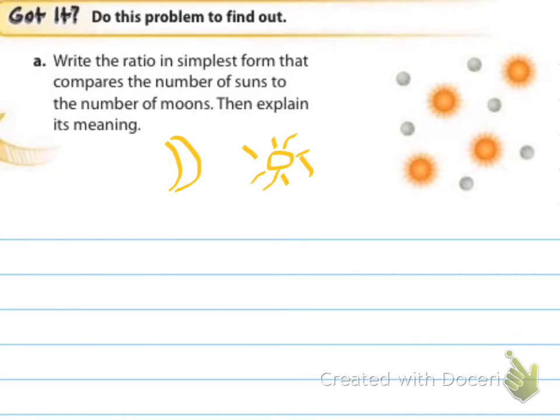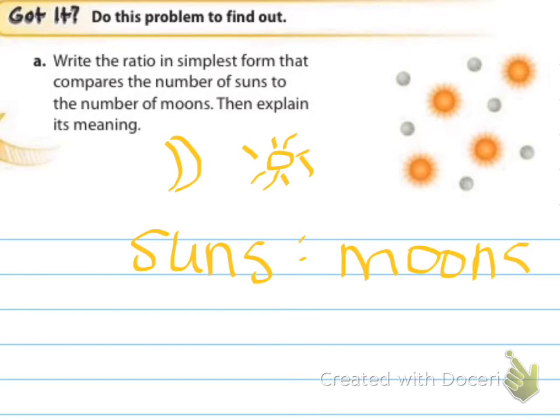Then write your ratio with suns to moons. That's the order they want you to write your ratio in simplest form. I'd like you to pause the video now and write this all down and solve this, and when you come back I'll give you the answer. Pause now.